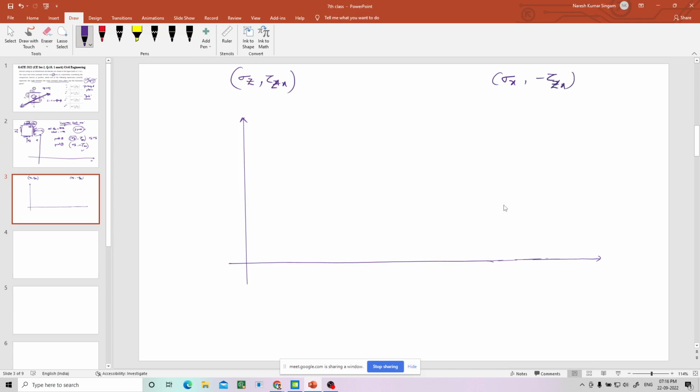Here if you see, the magnitude is same, only the sign is different. Suppose it is, let us say, 10 comma 5, it may be other than 10, let us say 7, it is again 5 but it is minus 5. It is just two numbers. As this is tau and this is sigma, let's first take the point sigma z somewhere here on the sigma axis, and tau zx somewhere here.